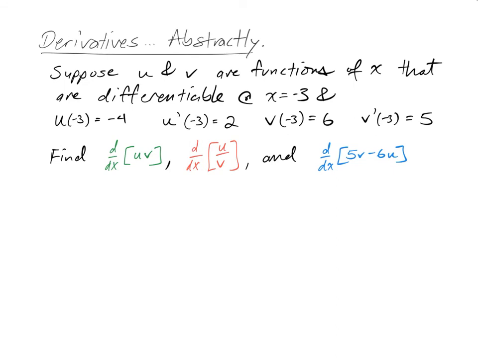Suppose u and v are functions of x that are differentiable at x equals -3, and u of -3 equals -4, u prime at -3 is 2, v of -3 is 6, and v prime of -3 is 5.